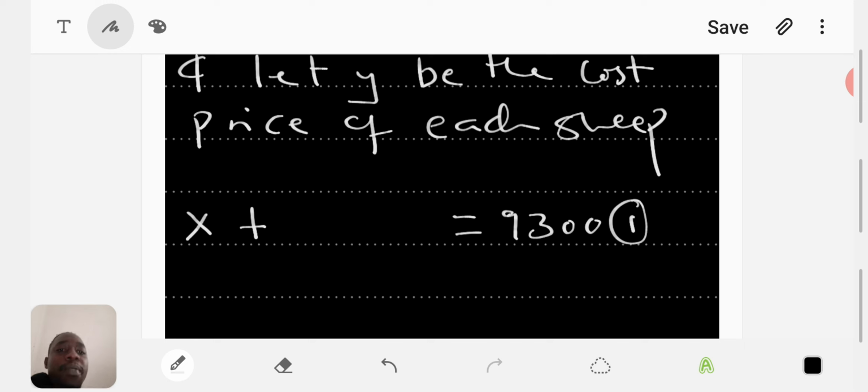But how do we determine the profit? The profit on the cow will be 20% of x.